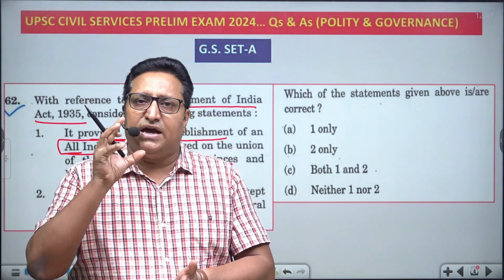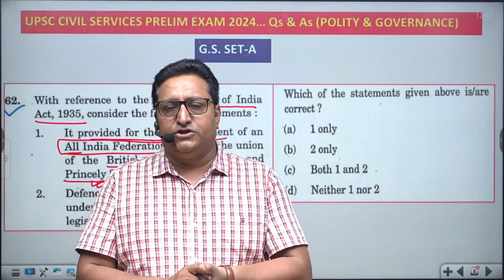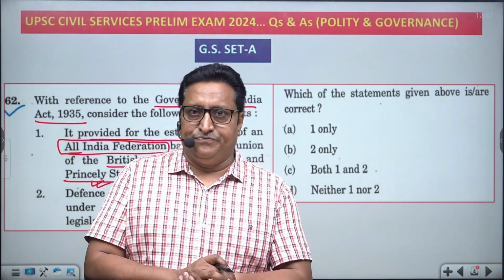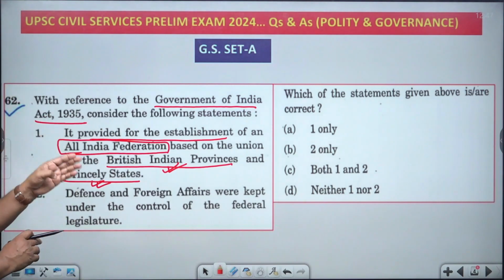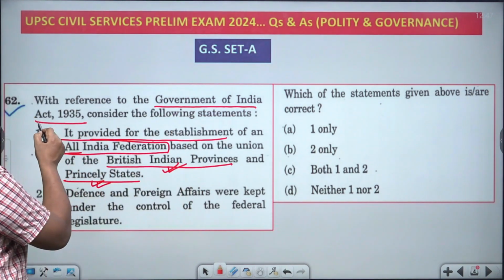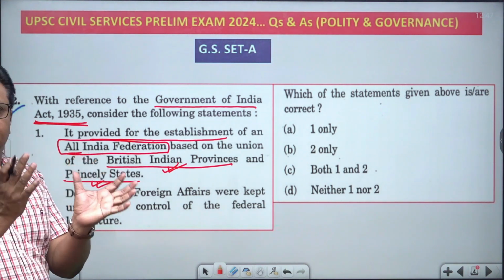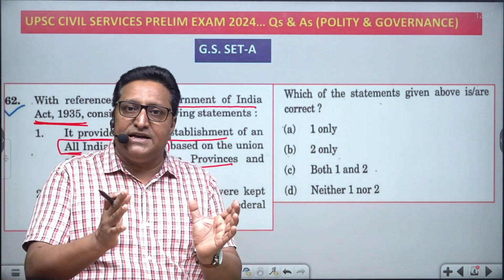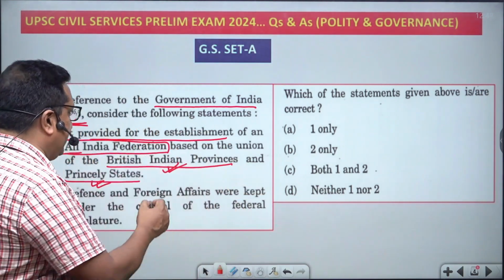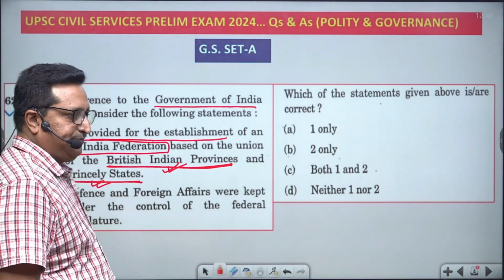And then there was another smaller category comprising a few territories, the chief commissioners' provinces. So the statement says that the Government of India Act 1935 provided for a federal system comprising two categories: British Indian provinces and princely states.